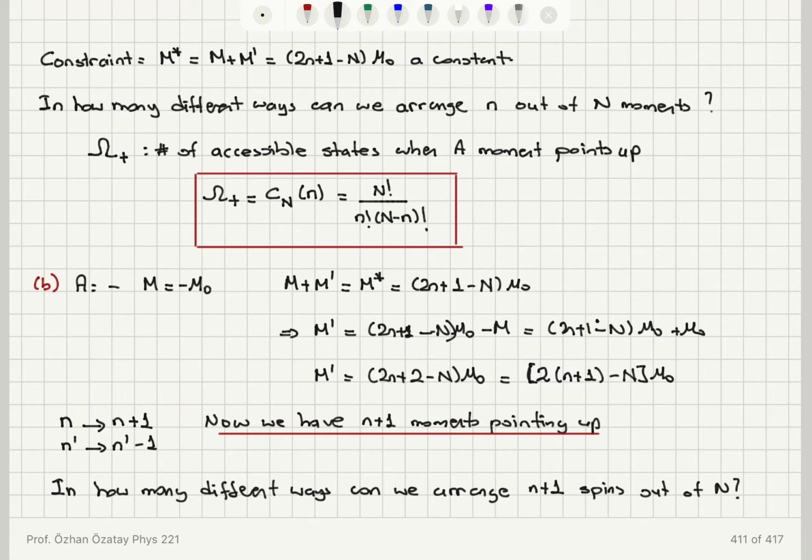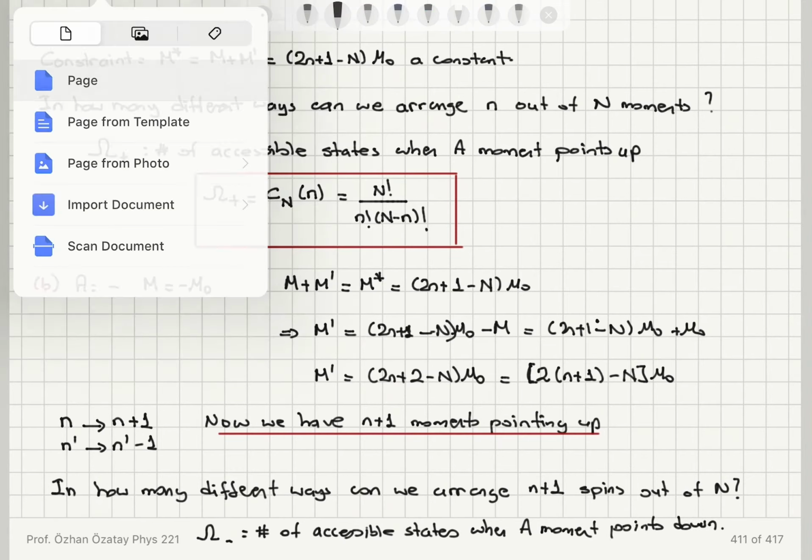Okay, so now the answer will be given by, so this is basically the scenario for the number of accessible states omega minus, which I define as the number of accessible states to a system A star when the single moment of A points down. So that's what I call omega minus.